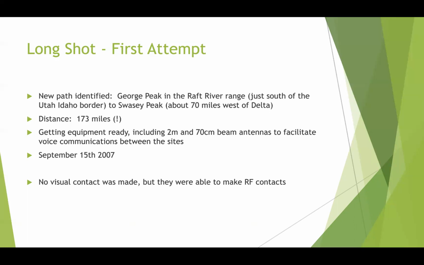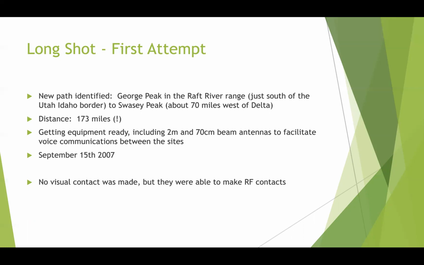They spent like 3 days getting everything ready before they even made the attempt. Then on September 15th, they drove up there and tried to get it set up. They were not able to see the other end of the link at the time. They did set up some Yagi antennas pointed at each other, so they were able to talk back and forth on 2 meters.